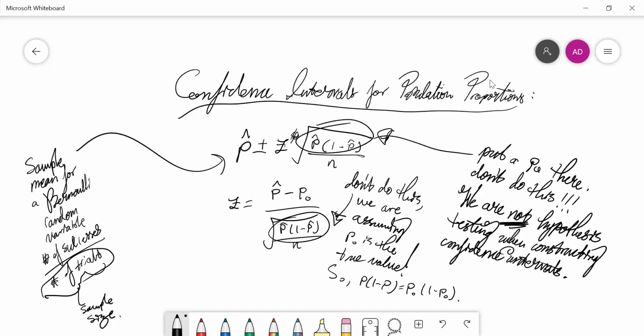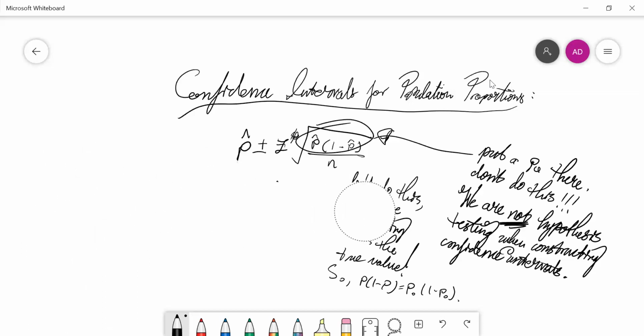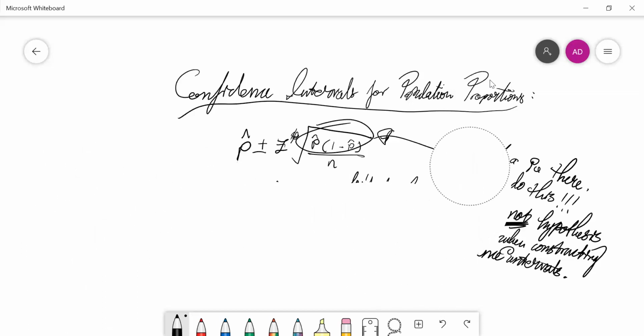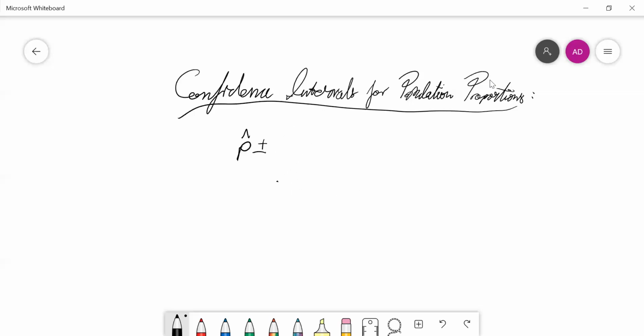So let's work through a quick example. I don't think it'll take very long since confidence intervals tend to be fairly straightforward computationally. And if you recall, I had you all learn how to compute this z star. So you'll have to always compute that z star. Oh, there I go, making the mistake.